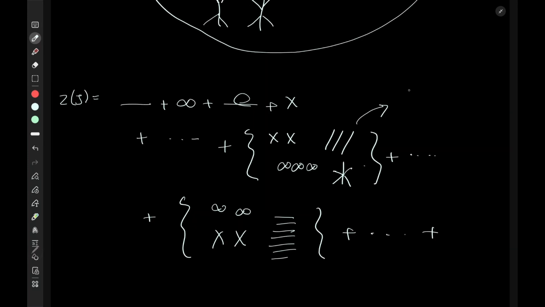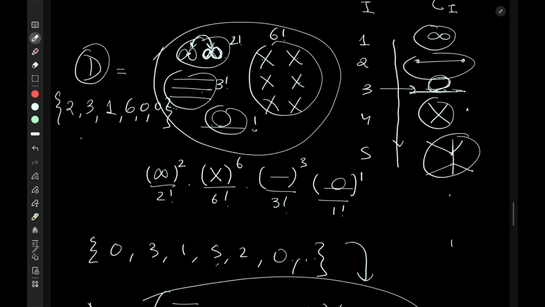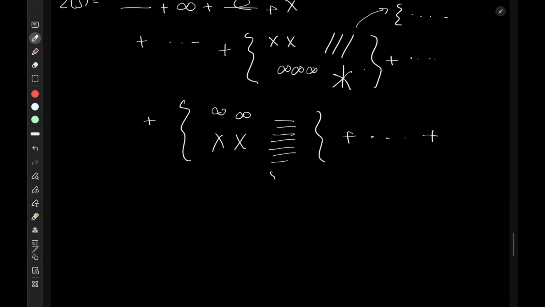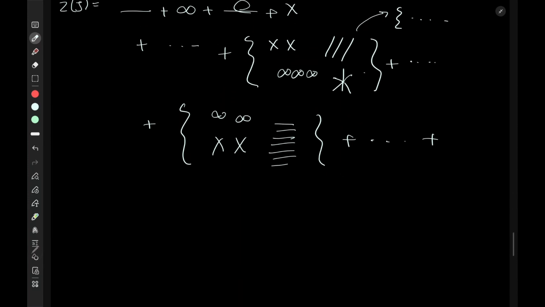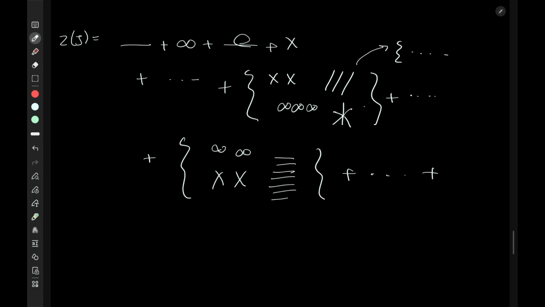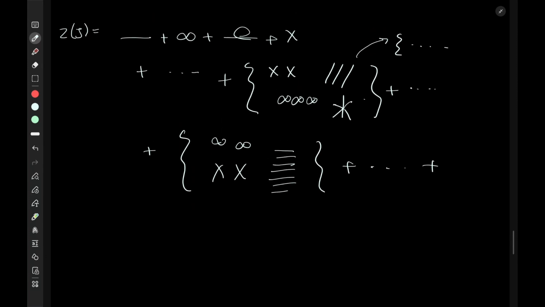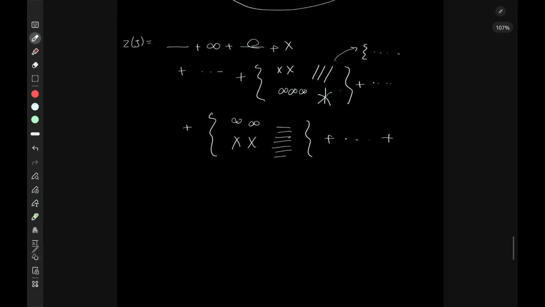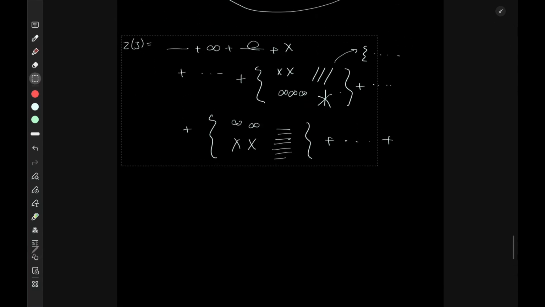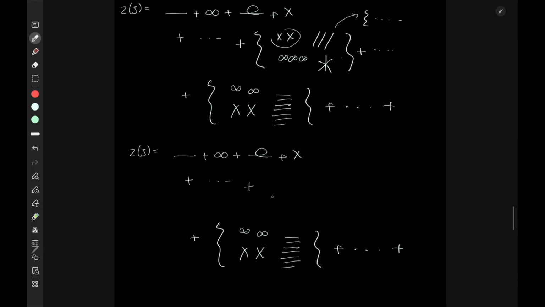And remember that we were identifying them with the set of integers, like I said here. And similarly, this guy is also identified with a set of integers. So what we can do is this. Now this is the claim. Since there are 2 x's here, I can write it as x square over 2 factorial.